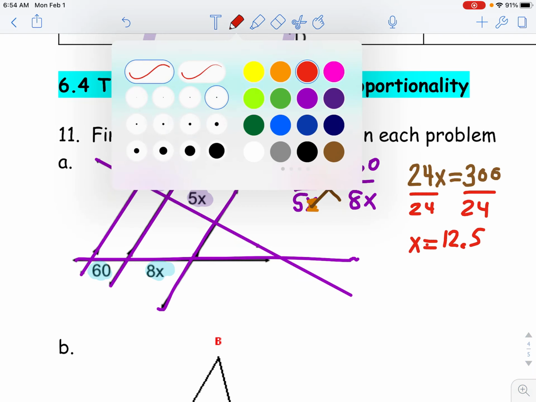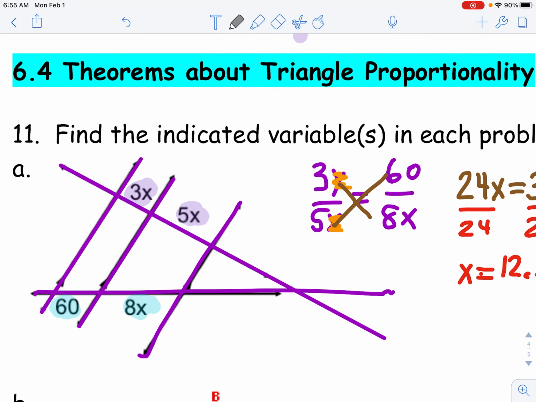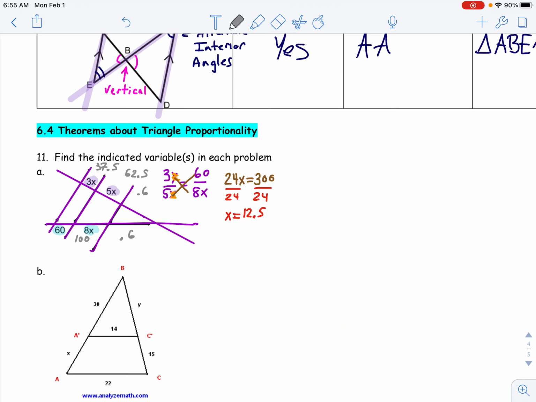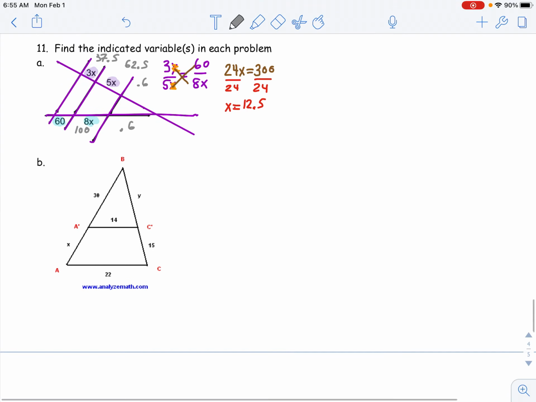So realize when you plug this in here, what I was just doing in my calculator for fun is we got 37.5, 62.5. That's a relationship of 0.6. Plugging in here, 100, relationship of 0.6. Just emphasizing, I was just plugging it back in, emphasizing that in fact it breaks it up proportionally.